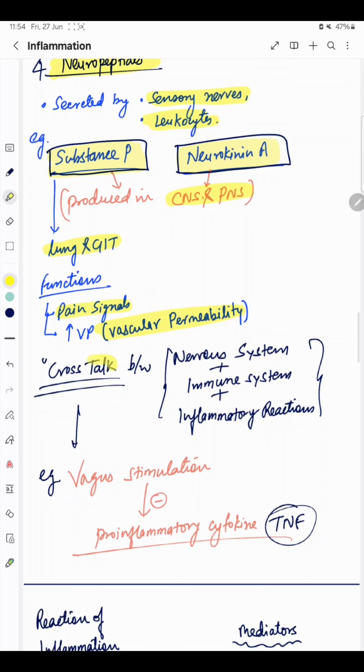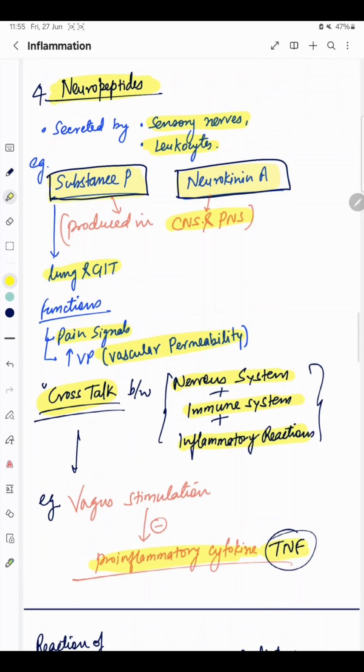They basically play an important role in crosstalk between the nervous system, immune system and inflammatory reaction. For example, whenever the vagus is stimulated, it inhibits pro-inflammatory cytokines like tumor necrosis factor through the involvement of these neuropeptides.